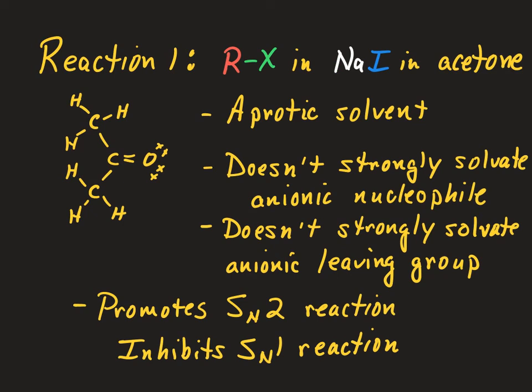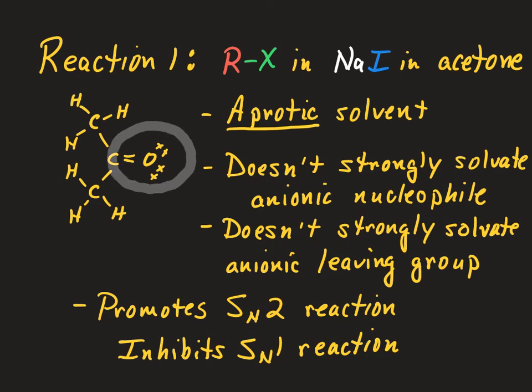So in our first reaction pattern, we're going to react our alkyl halide with sodium iodide in acetone. Okay? Now, acetone, here's our structure of acetone. It's an aprotic solvent, right? I know that is a single word, aprotic. It is an aprotic solvent, meaning there's no hydrogens on the electronegative atom.